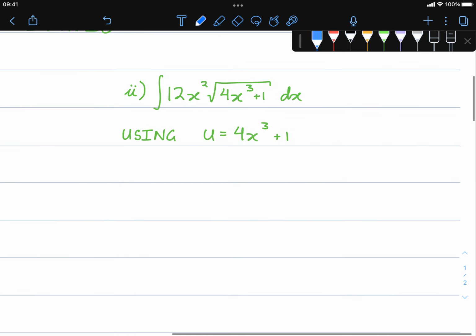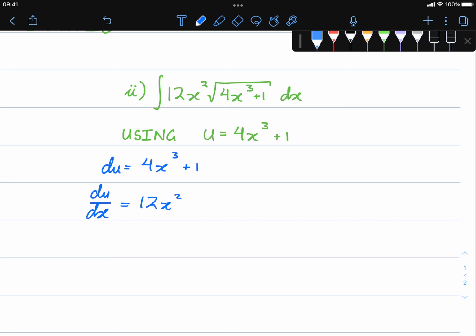But here we go. As you can see, we're being told what substitution to use. So u equals 4x cubed plus 1. du on dx is equal to 12x squared.